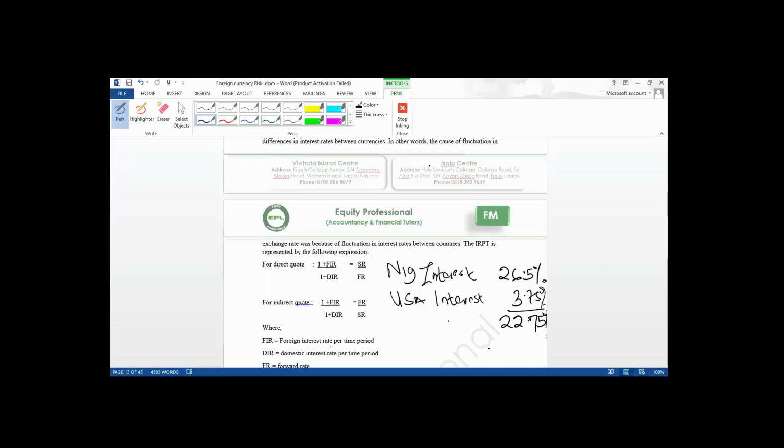If you are given interest rates for the two countries and the spot rates between the two countries, you can use your interest rate parity theory to forecast exchange rates between the two currencies with the expression below.